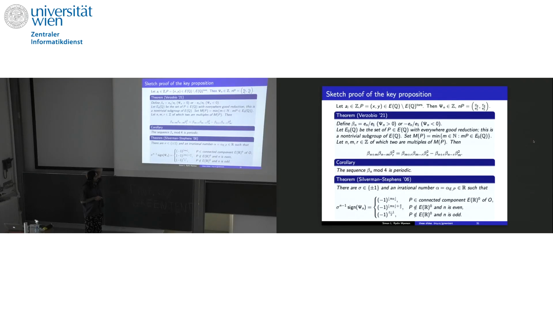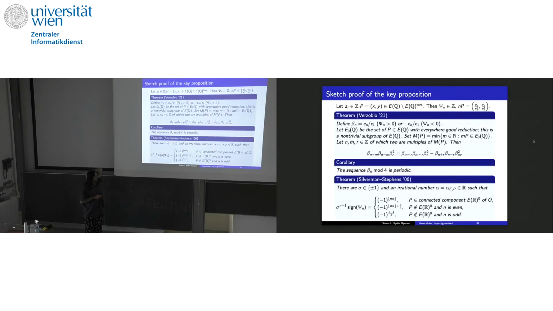In particular, if P is in the connected component of the identity, then the sign is, so sigma also depends on E and P, right? Sign is sigma to the n minus 1 times minus 1 to the integer part of n times alpha.